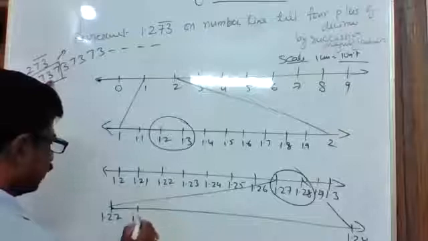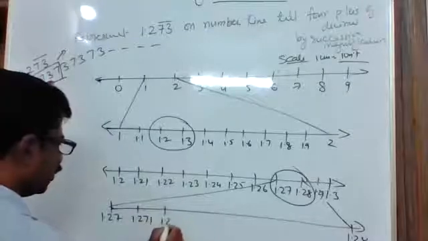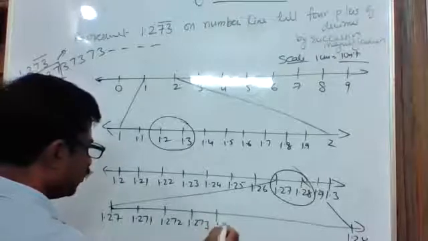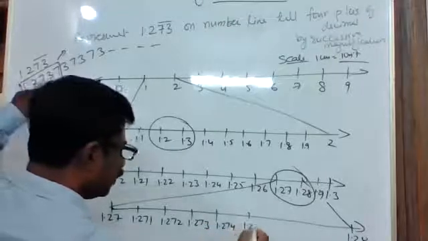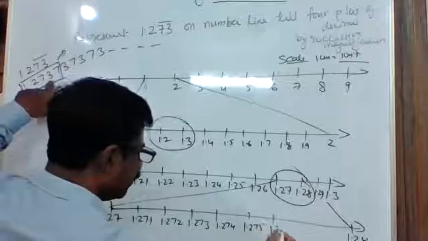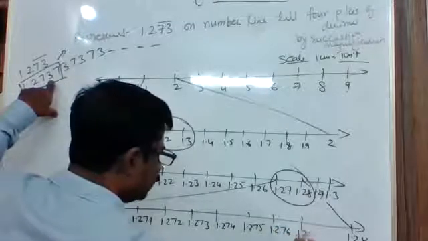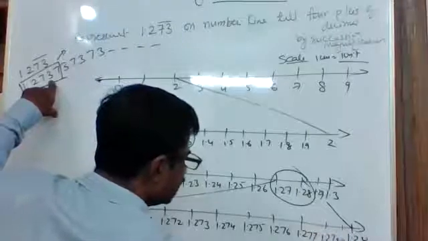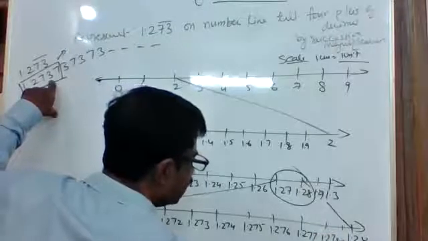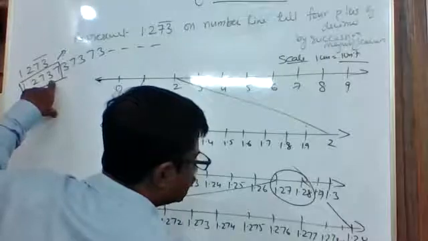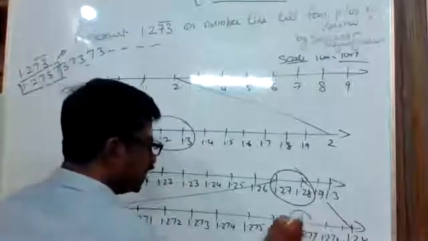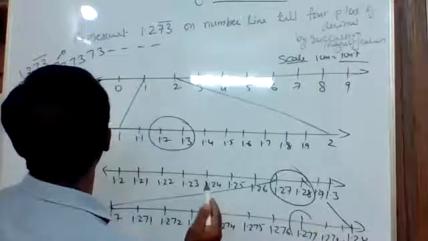This is 1.271, 1.272, 1.273, 1.274, 1.275, 1.276, 1.277, 1.278, and the last is 1.279. Next will be 1.28. Our aim is to represent 1.2737.